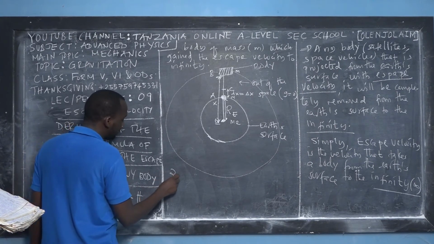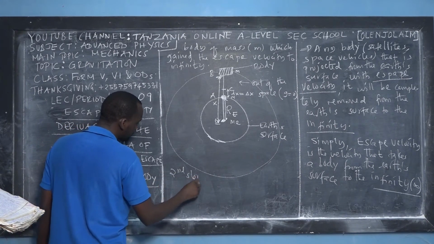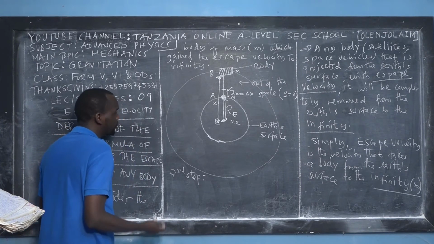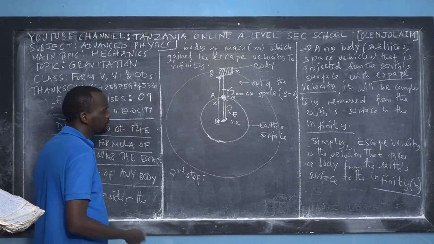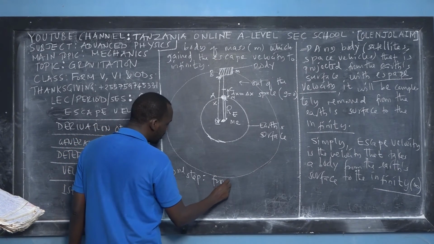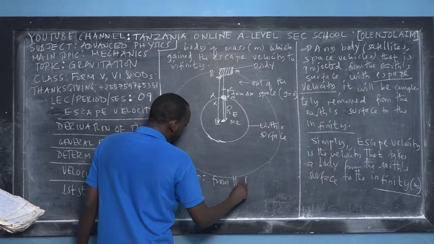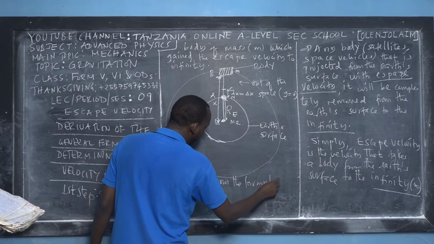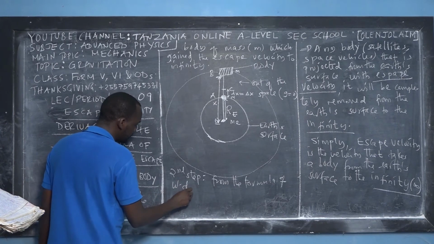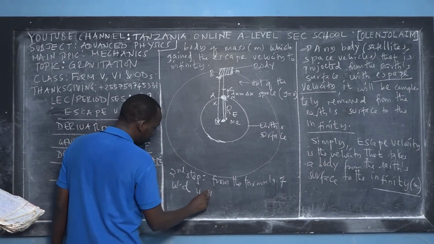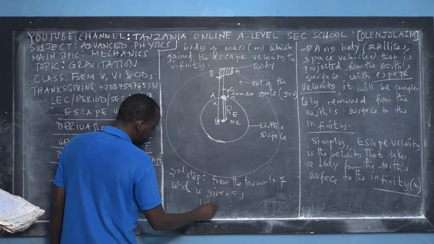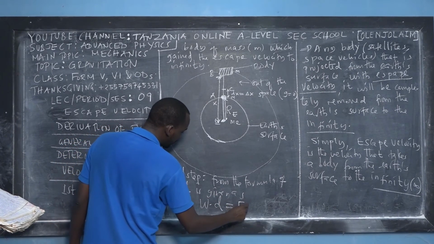Then we go to the second step. In the second step, we have to remember how we get the small amounts of work done. From the formula of work done, work done is equal to force times distance.